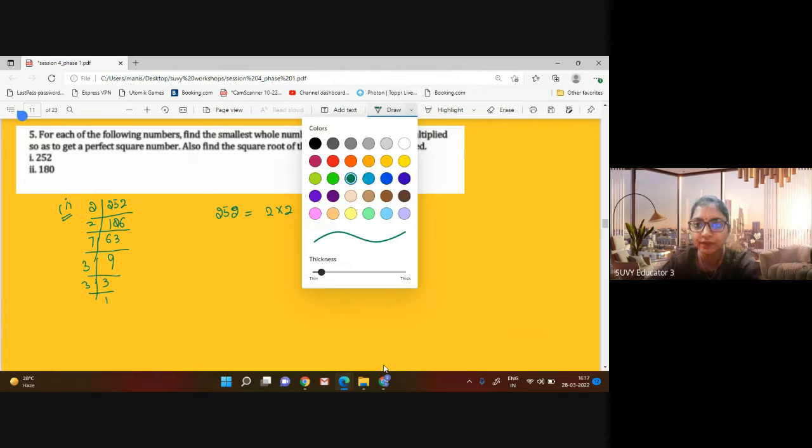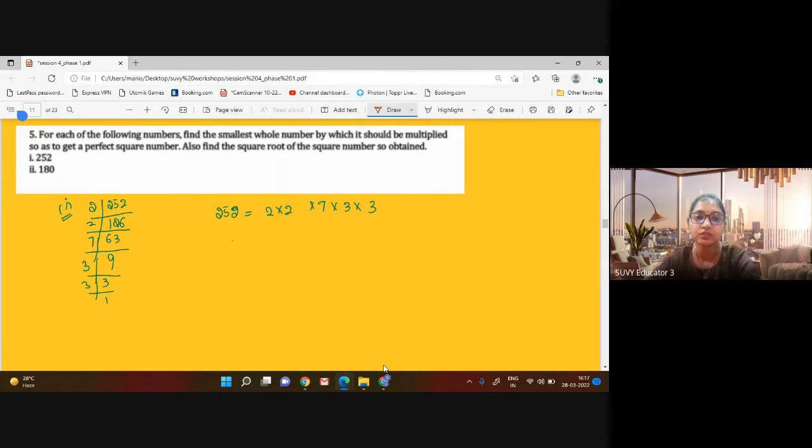As we have to make it a perfect square, I am including two things. Firstly, the number which can be multiplied. So what we can do, we will see which number should be multiplied to make it a perfect square. It means it should be multiplied by 7.